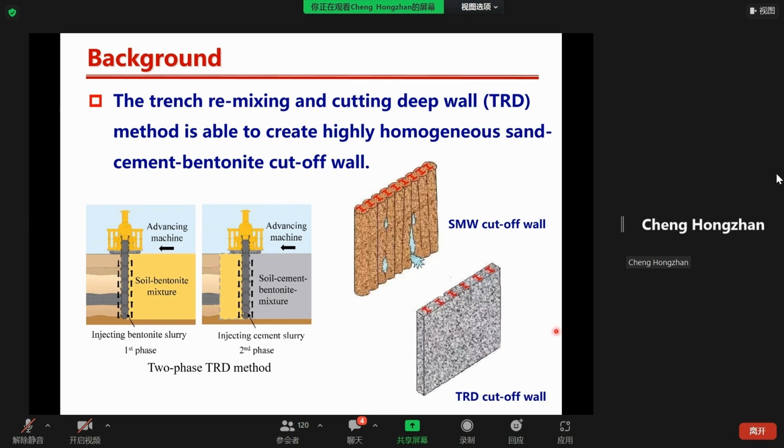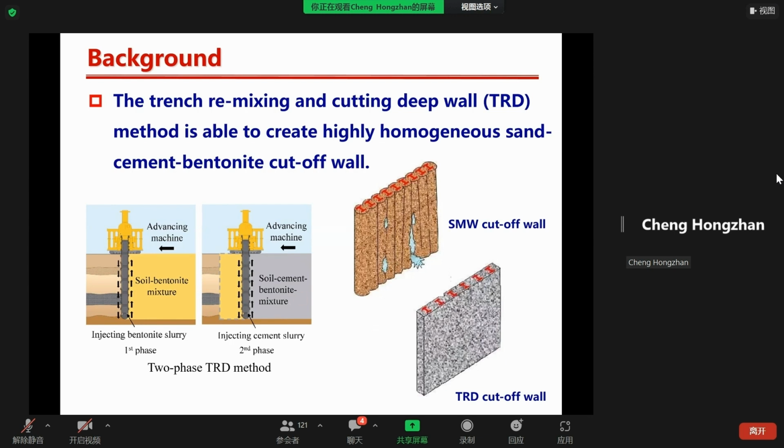For the two-phase method, as shown in the figure, the natural soil is first cut and mixed with the cutting fluid in the first phase, and the sand bentonite mixture is remixed with the hydraulic binder in the second phase.